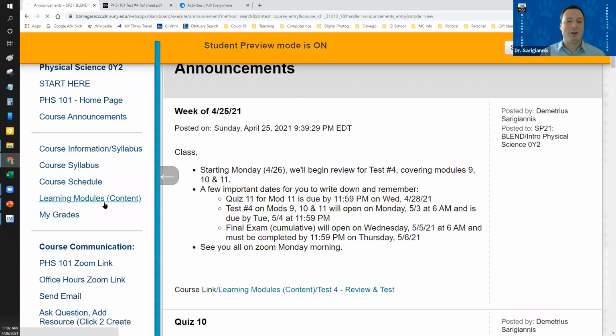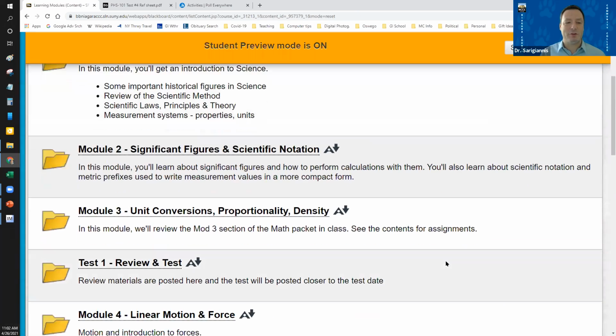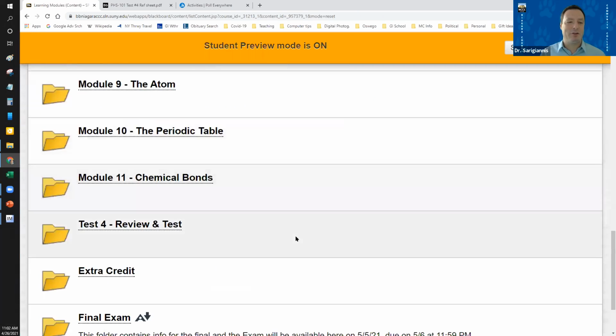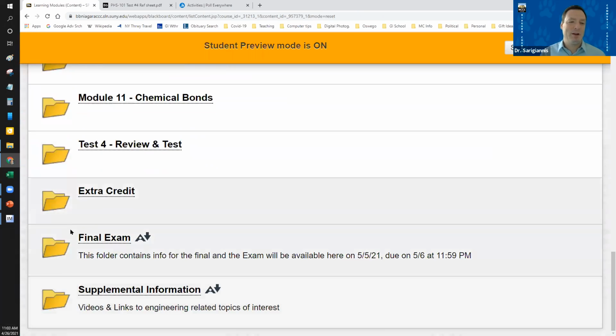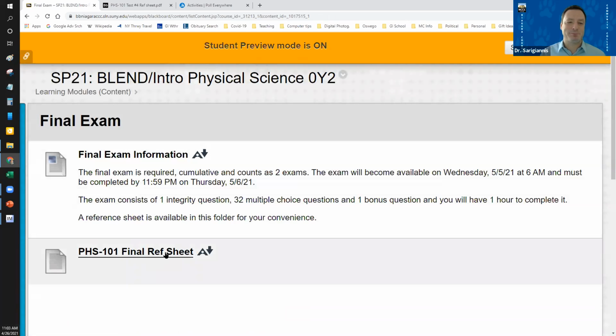Let me just go into the learning modules and show you the different folders. So down here, you'll see test number 4, review and test. Oh, I should have moved the final up. The final exam folder. So we'll go into test 4 in a minute, but in the final exam folder, you click on that and you'll see just the information. It counts as 2 exams. It'll be available that day.